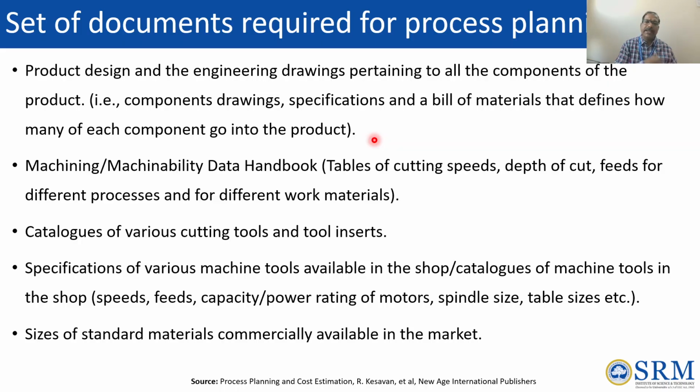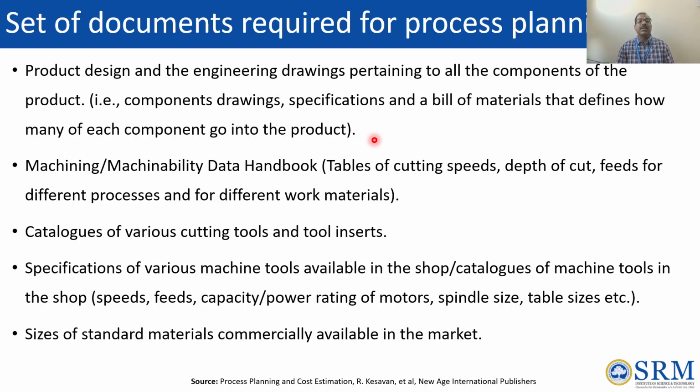They want to find the optimal cutting speed, depth of cut, or feed rate for a particular process, like how much for rough turning, how much for finishing, how much for polishing, or how much for cylindrical grinding. They publish that in research articles, and it can then be documented as a standardized data handbook. So that is one data set or document needed.